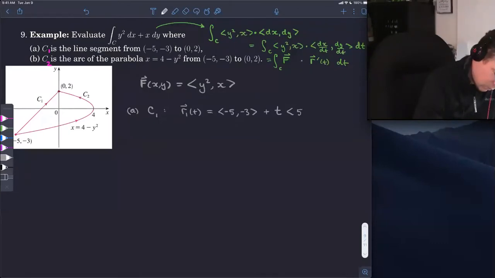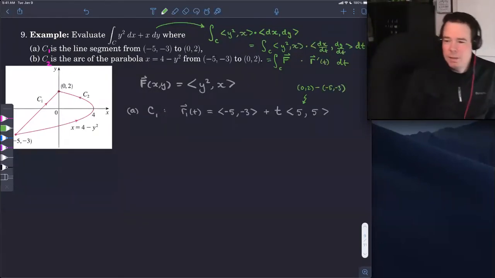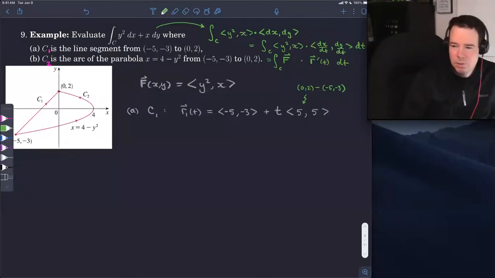So this would be a 5 and a 2 minus -3, which is 5. So in other words, what I've written here is 0, 2 minus -5, -3. Note, the tip minus the tail of that vector. So that's the vector that goes from the initial point to the terminal point.